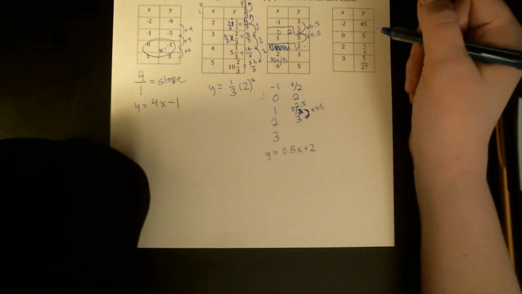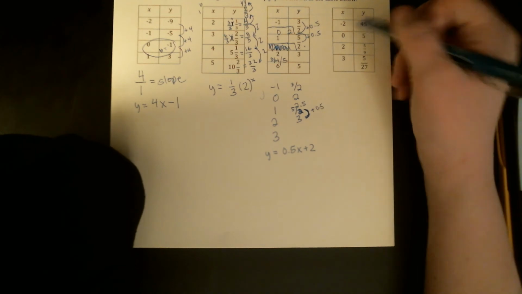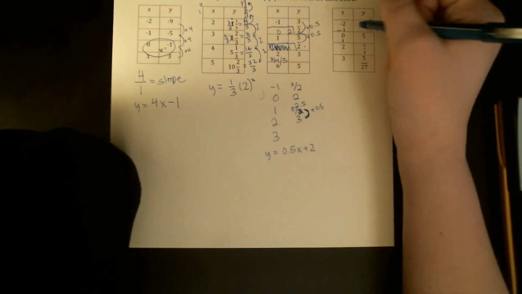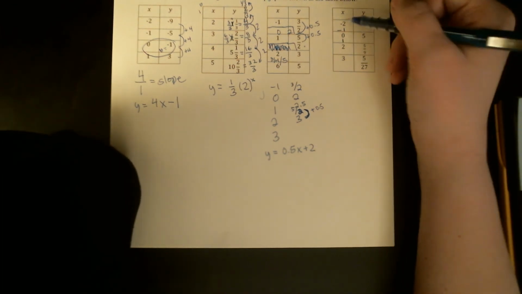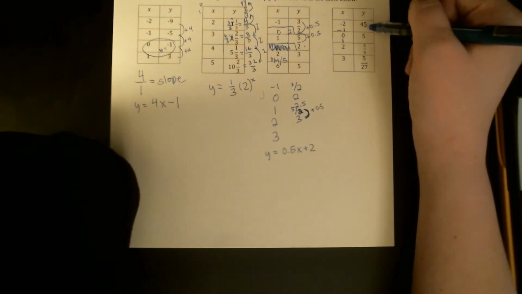Okay, very last one. My x's, I am skipping some spaces, so we skipped a -1, we skipped a 1, but we have -2, 0, 2, 3. I see that when x equals -2 we get 45.